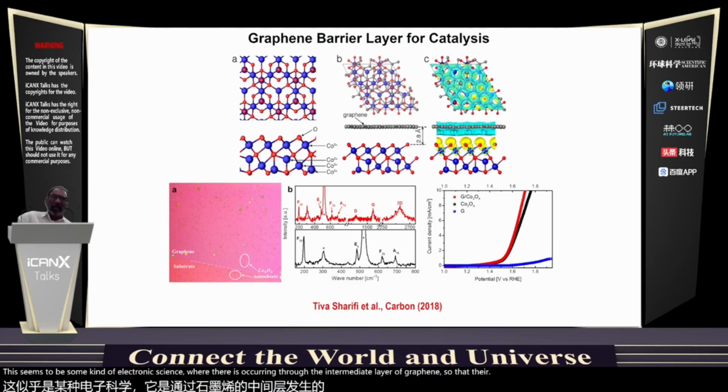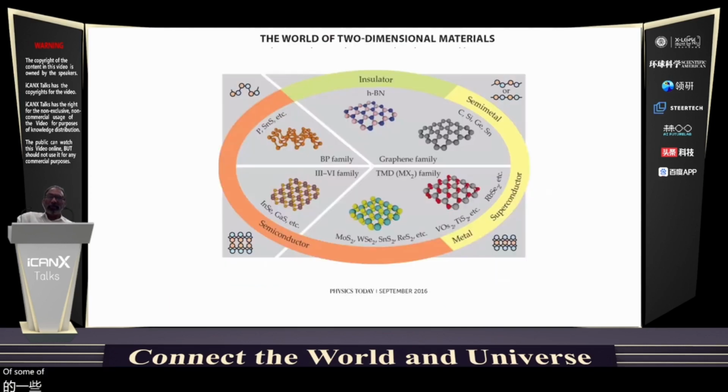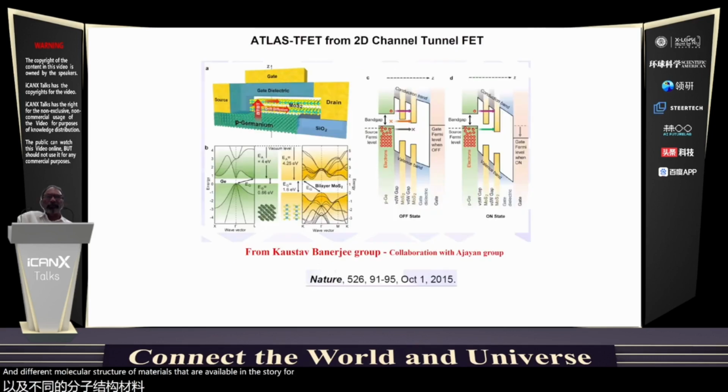So there are many examples that allow you to take advantage of the extreme thinness of some of them. And there's a large family of these structures now available that people have made by various techniques that we can play around with. Again, as a material scientist, this is really an expanding area because there are different compositions and different electronic structure of materials that are available in this 2D format.